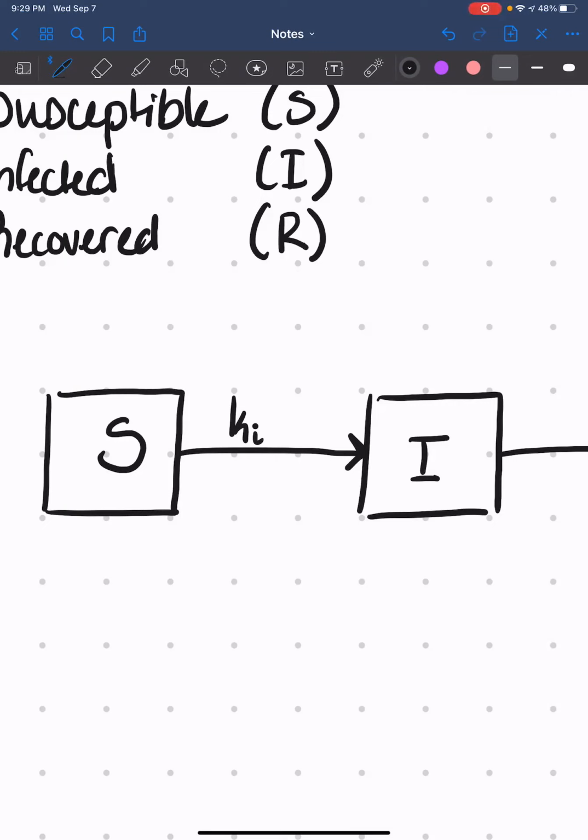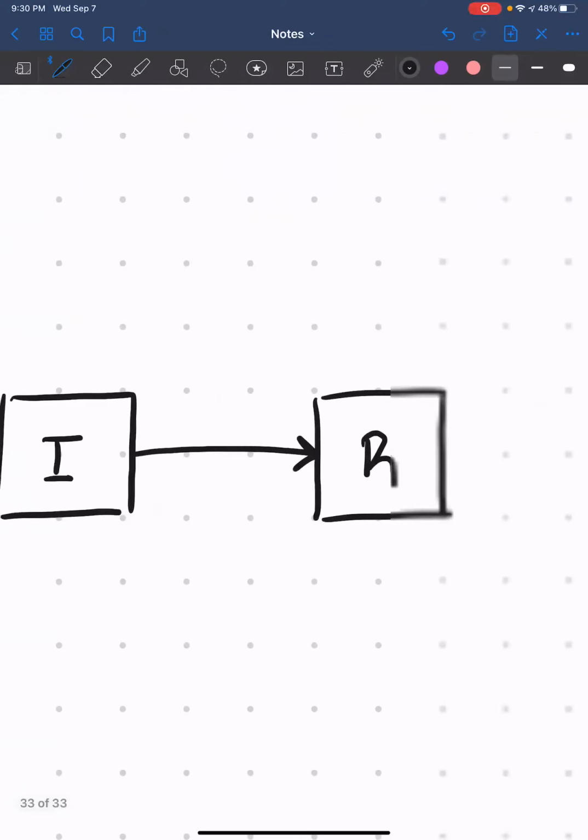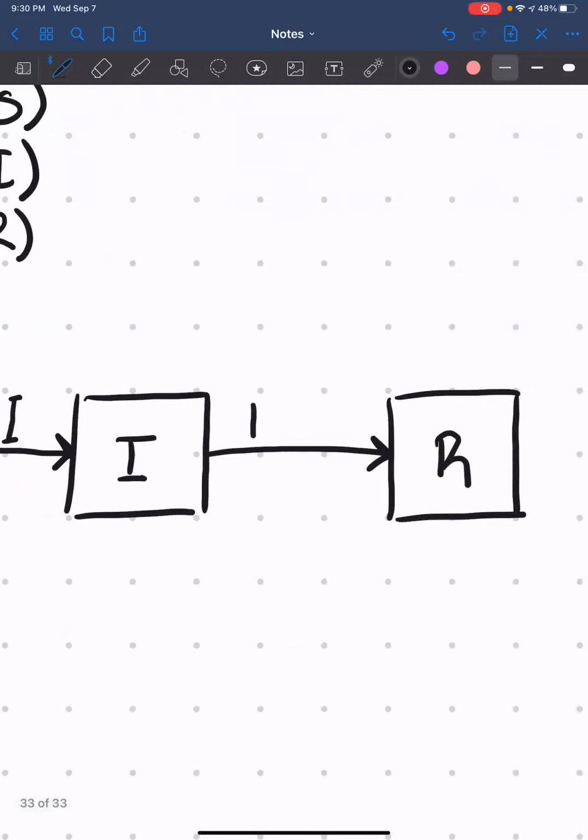So there have to be susceptible people in order for them to be infected, and those susceptible people have to be infected by some infected individual. So the rate at which susceptible people will get infected is proportional to the number of susceptible people and the number of infected people.